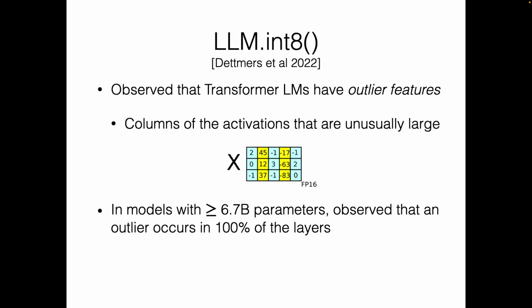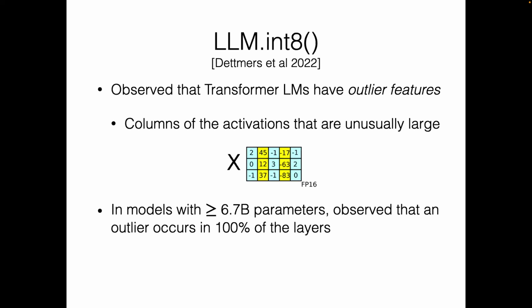The interesting thing is that these outliers were appearing mostly in large language models, models of 6.7 billion parameters or over, where they would occur more frequently.